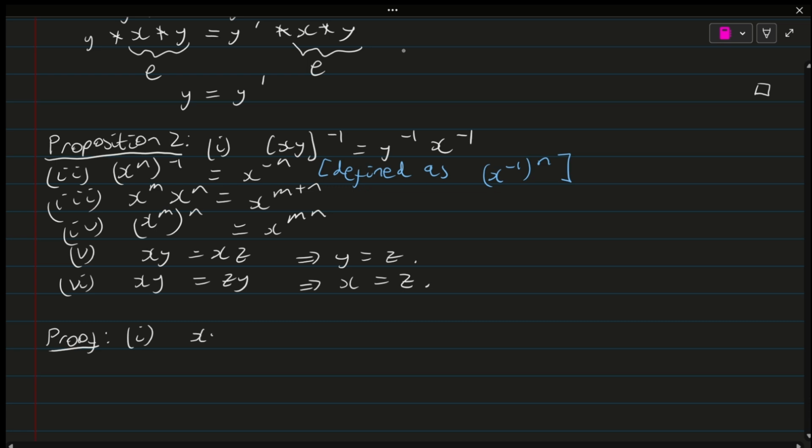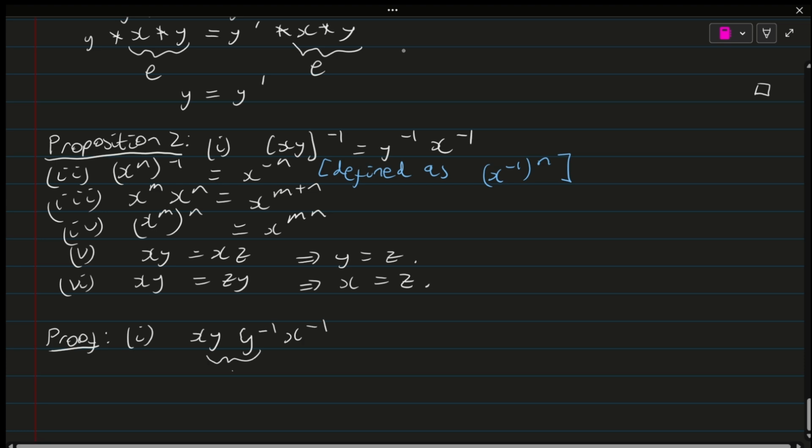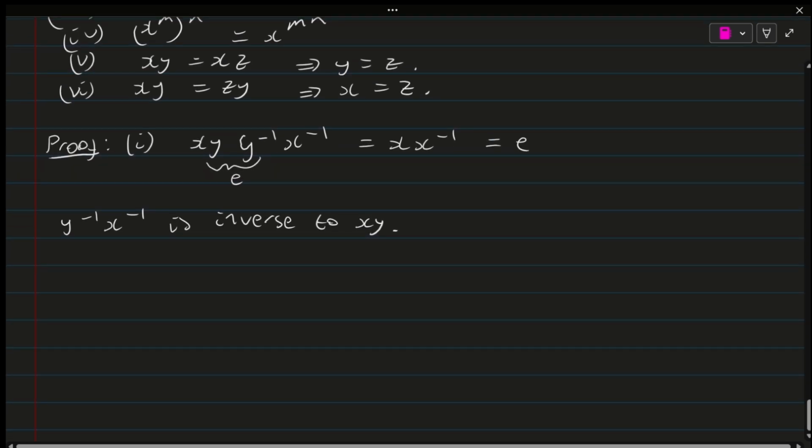So for 1, it's a very simple matter. We just take xy, y inverse, x inverse, y y inverse, that's E. So we get x x inverse, and then this is obviously E. So y inverse x inverse is inverse to xy, and then by the uniqueness that we proved earlier, this means that (xy) inverse is y inverse x inverse.